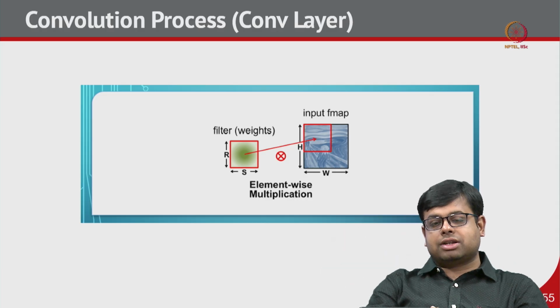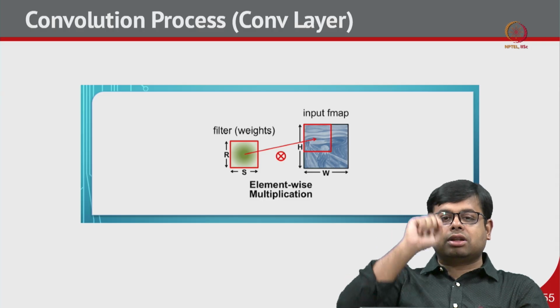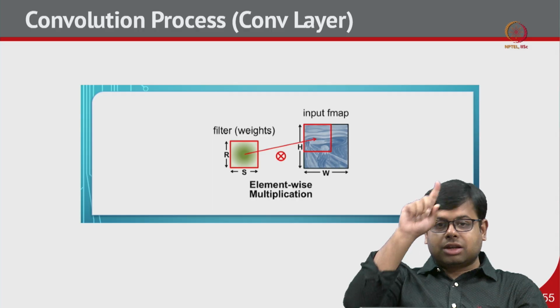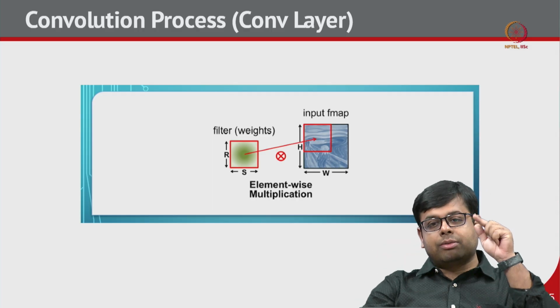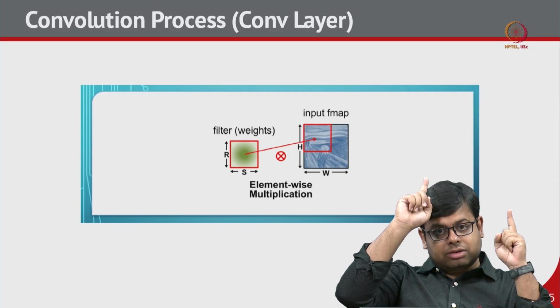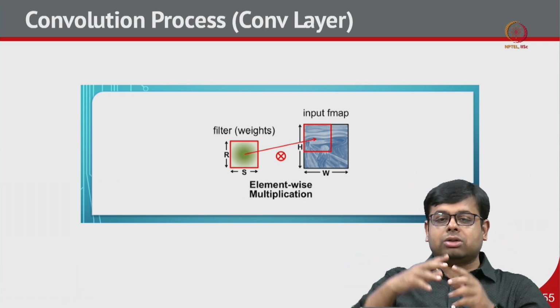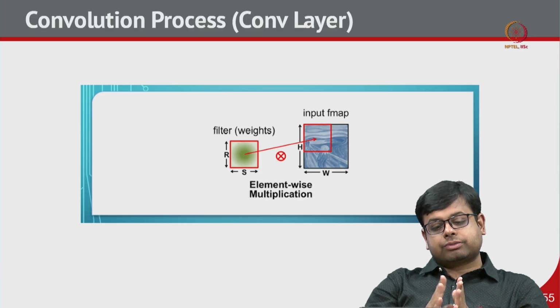So let us say we have this 3 by 3 filter, then this 3 by 3 filter will be projected on the top left corner of the image, on a 3 by 3 patch of the image. Whenever we say 3 by 3 filter, that means we have a total of 9 numbers in the filter, and if we take that 3 by 3 patch, that means all those 9 pixel values are taken.